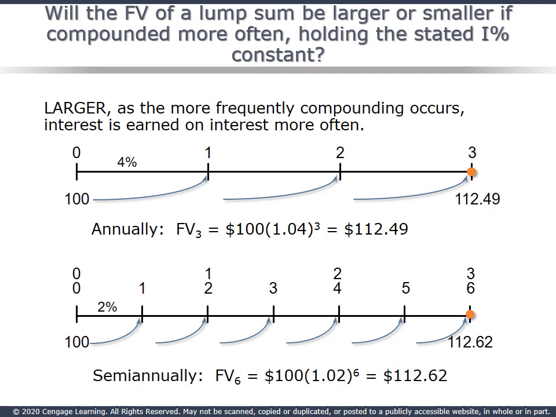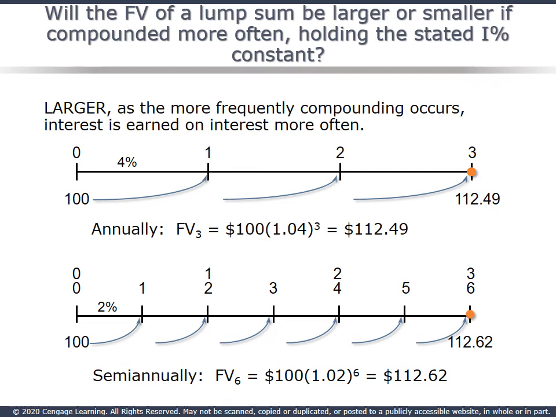It's 2% every 6 months. With semi-annual compounding, our $100 will have grown to $112.62. So it is larger with more frequent compounding for this scenario.